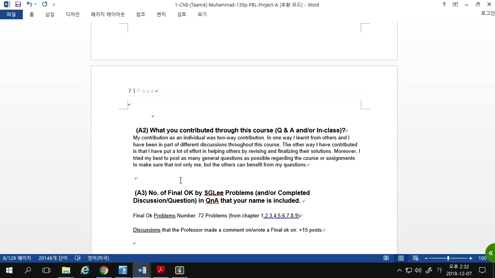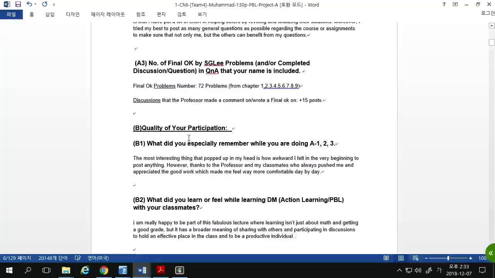Many times the professor told us a point that was not clear, so I tried my best to make it simple and clear so students could keep up with the faster students. The number of final OK problems is also the old one: I have almost 85 or 86 finalized problems.